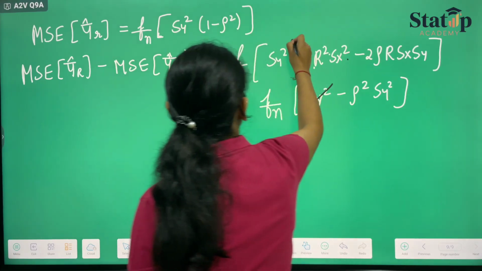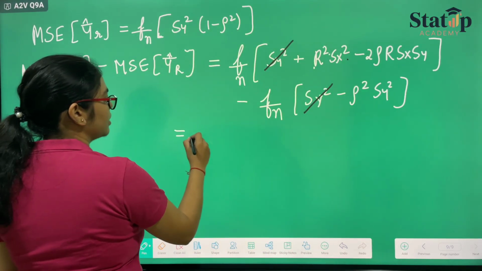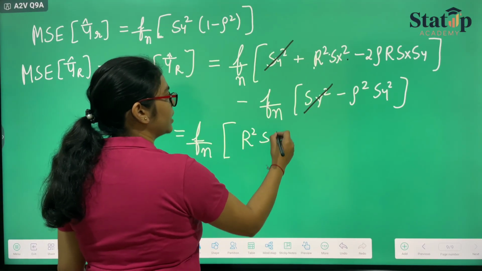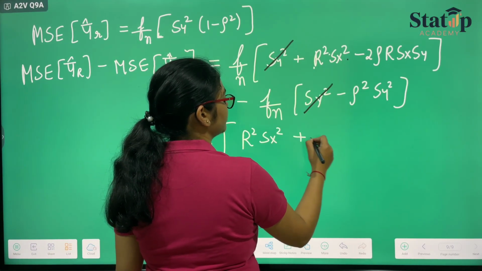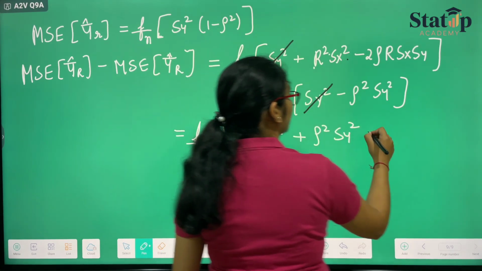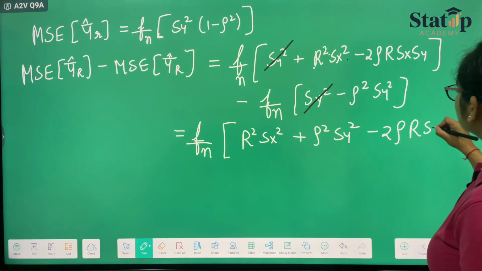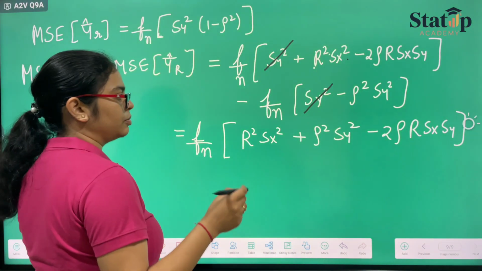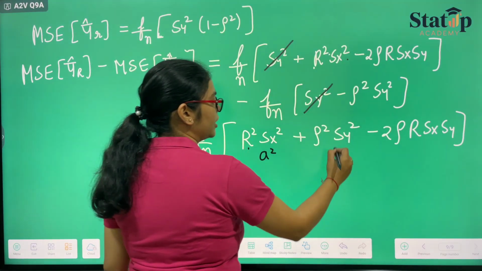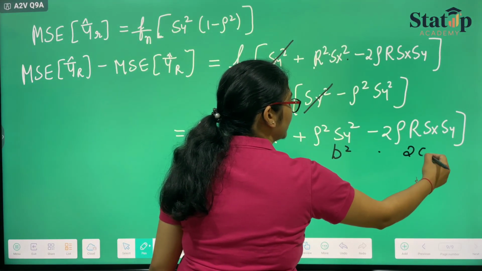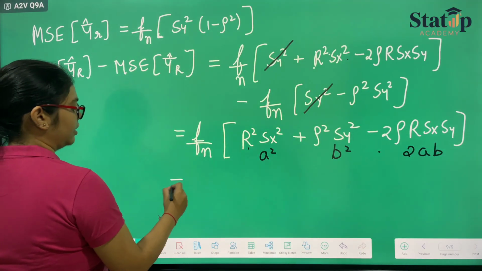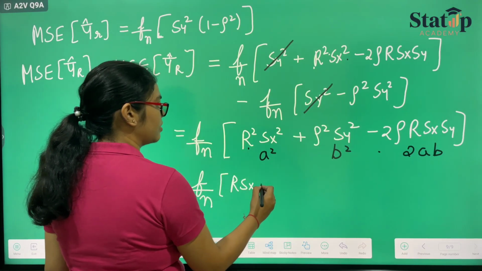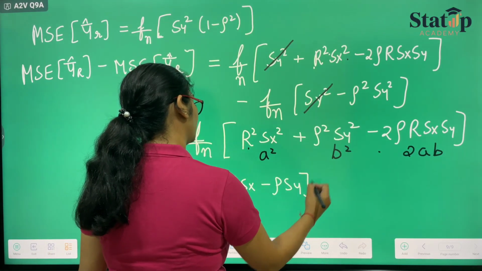So Sy square and Sy square will get cancelled and we are left with f by n into R square Sx square plus rho square Sy square minus 2 rho R Sx Sy. Here we can see the formula for a minus b whole square, which is a square plus b square minus 2ab. So it will become f by n into R Sx minus rho Sy whole square.